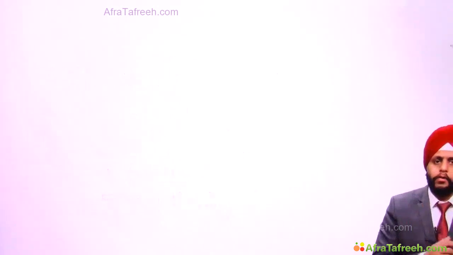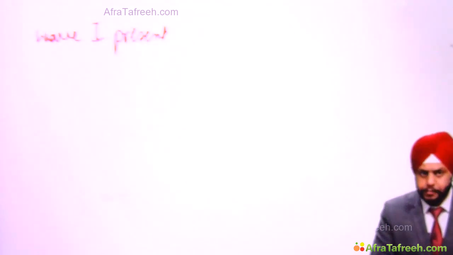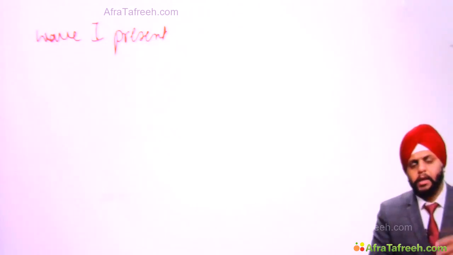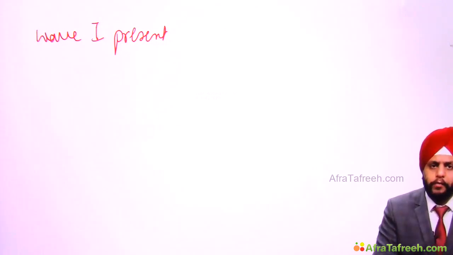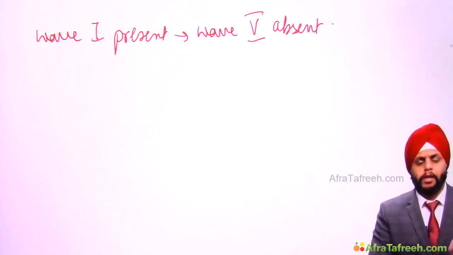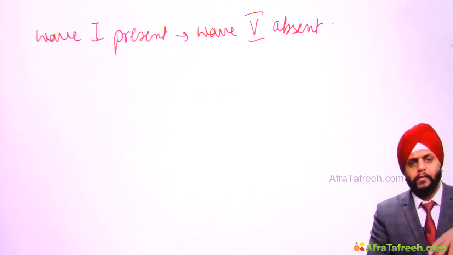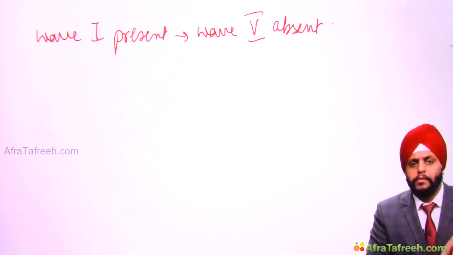Now let's say there is a situation, wave 1 present, but the remaining waves are absent. The remaining wave, which is the most significant wave, wave 5, is absent. Wave 1 present means the cochlea is all right, it has given sound to the nerve, but the nerve is damaged.